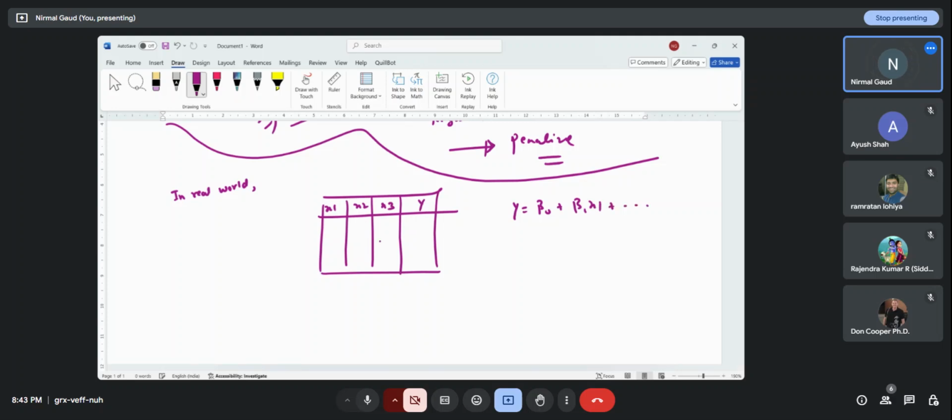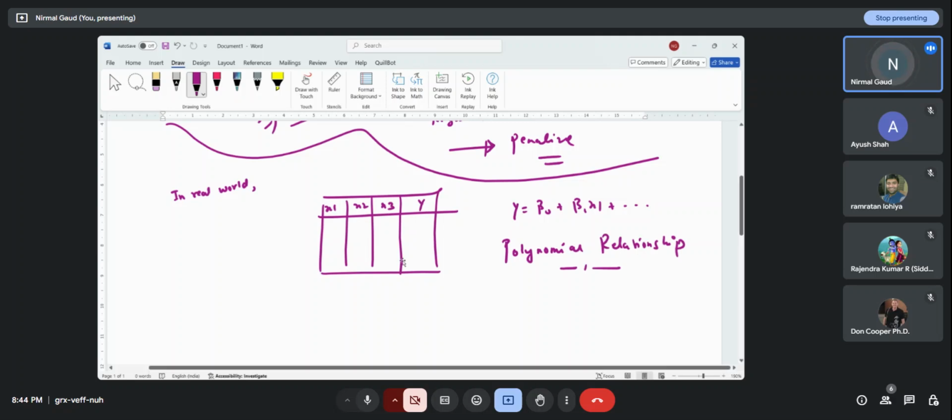But it is not mandatory. It may happen that a polynomial relationship can also be there.